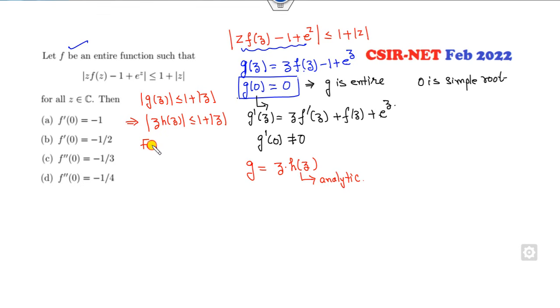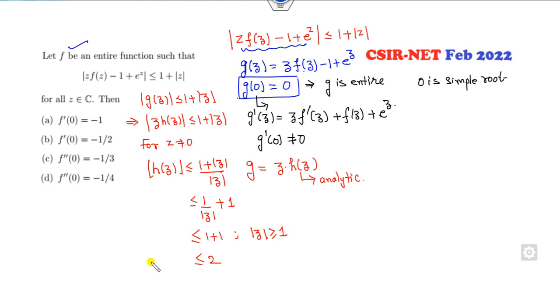Now if I choose z non-zero, then what is the value of |h(z)|? It is less than 1 plus this number. Clearly this number is 1 over |z| plus 1. So it should be less than 1 plus 1, provided this number is greater than 1. That means h is bounded.